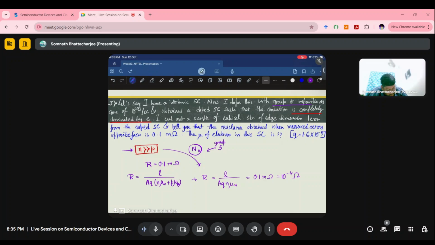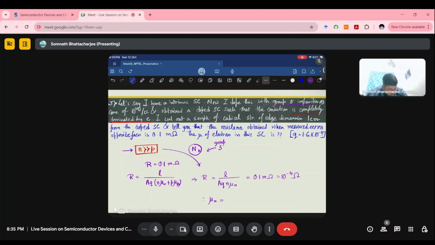Okay, now we know the value of L here because all the sides are 1 centimeter. We have the value of A, we have the value of q. So we need to find the mobility. So it is directly, we can write it like this.